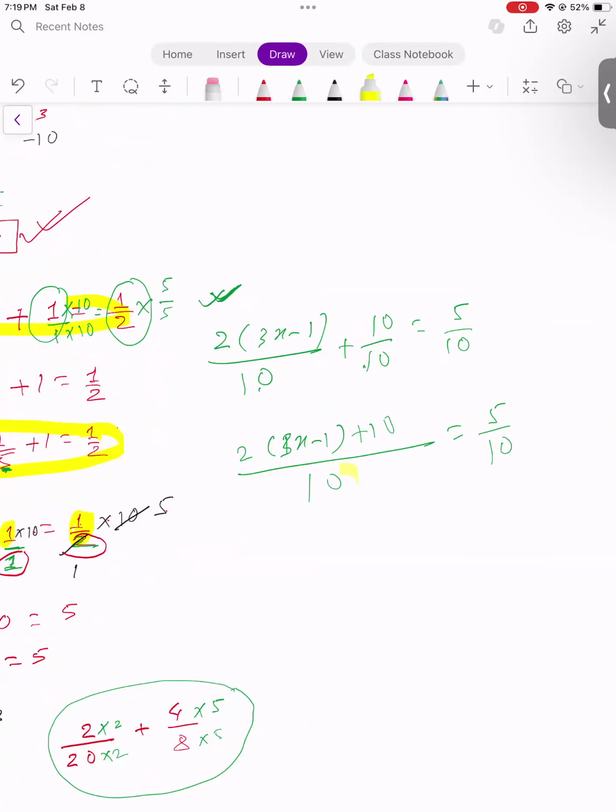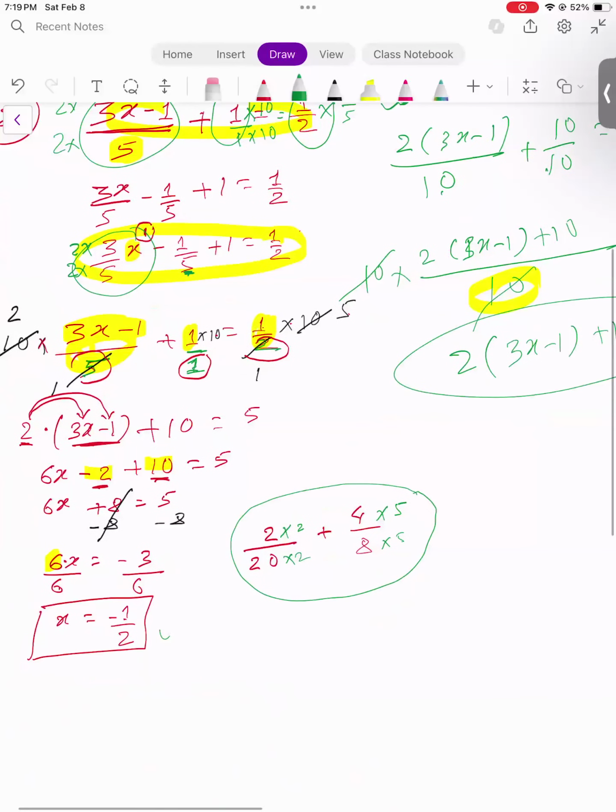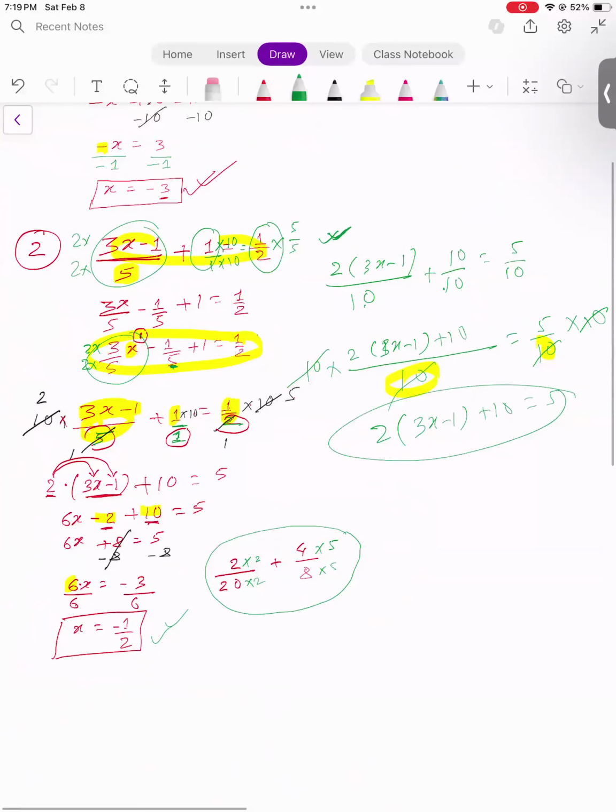Now to get rid of this 10, we multiply both sides by 10. So this is cancelled, this is gone. We end up with 2 times 3x minus 1 plus 10 equals 5, and you will get the same answer like we had here, 1/2. So it's not wrong.